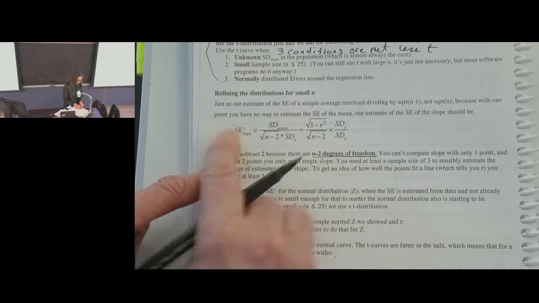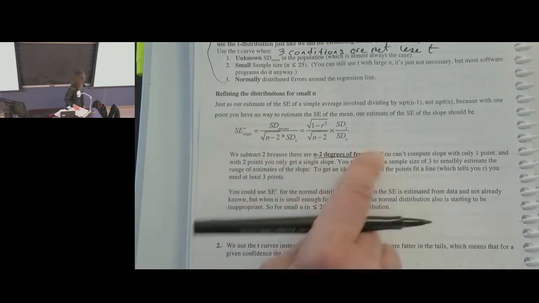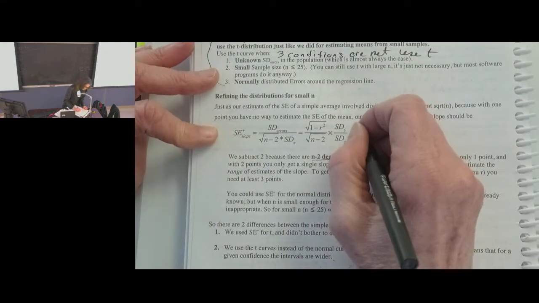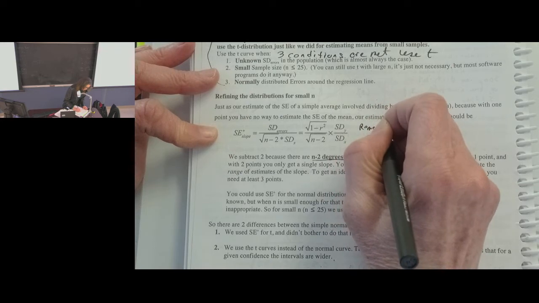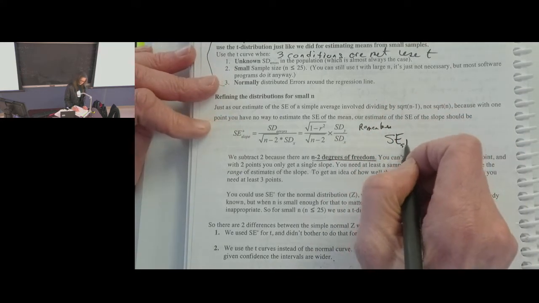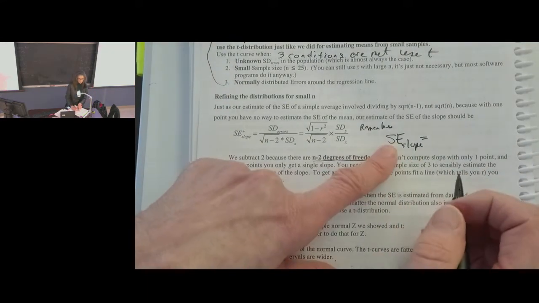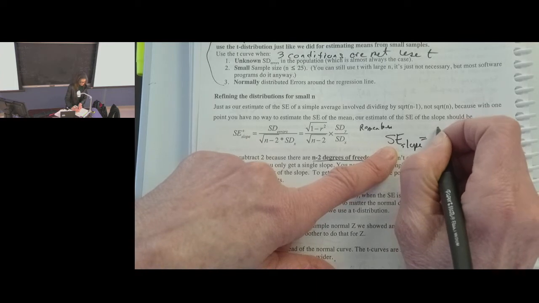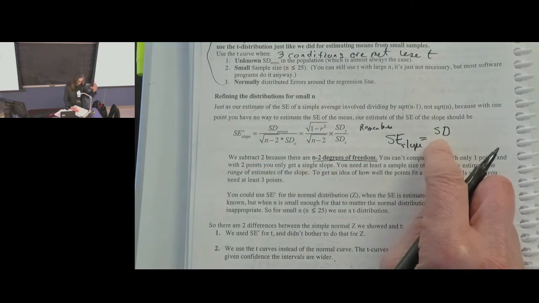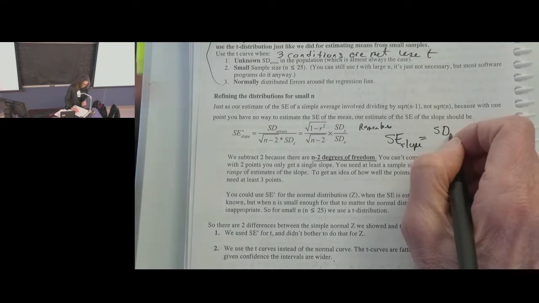Now, do you remember this from last time? Just so you remember, the standard error of the slope, how did we even think of this? We thought, standard error, it's a sampling error, but it depends on the standard deviation, the spread around the regression line. That's what this is.